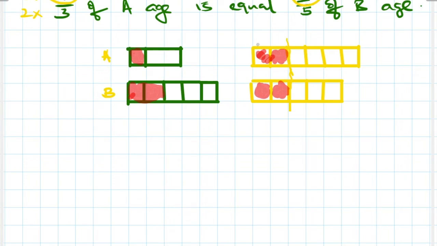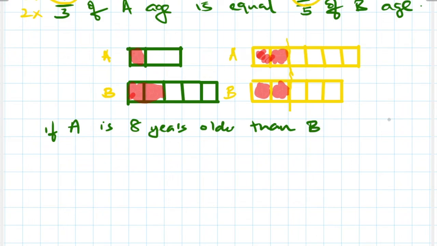Okay, after I make this like that already, when I draw this model, the question says that if A is 8 years older than B, then what is AH?